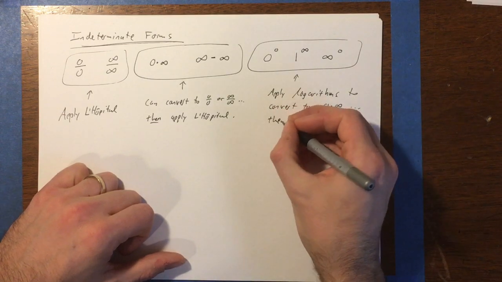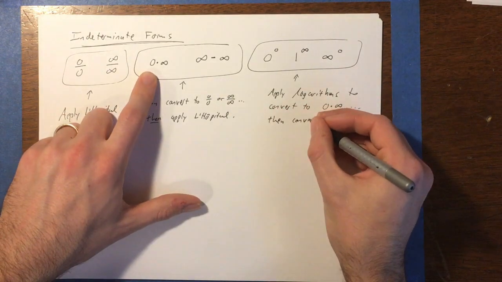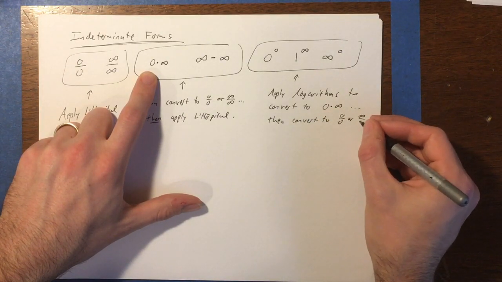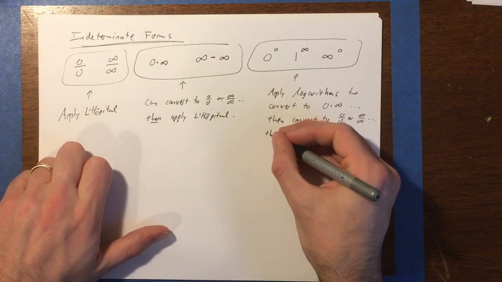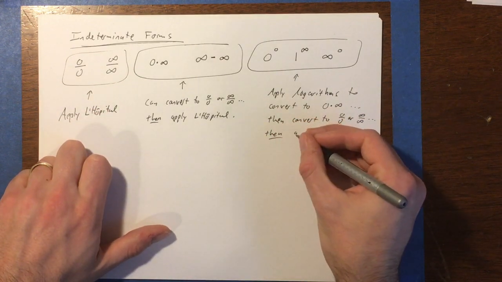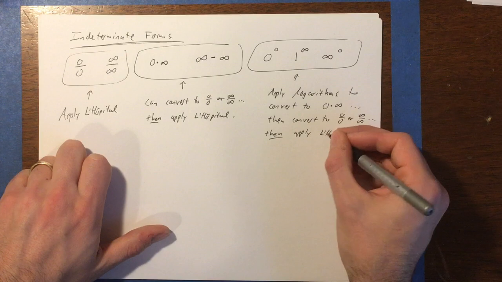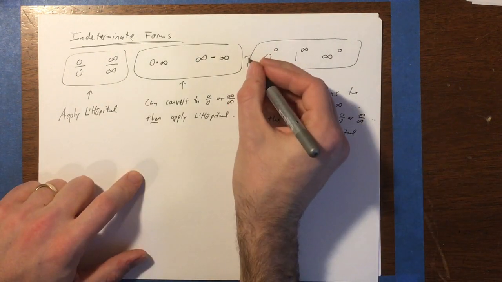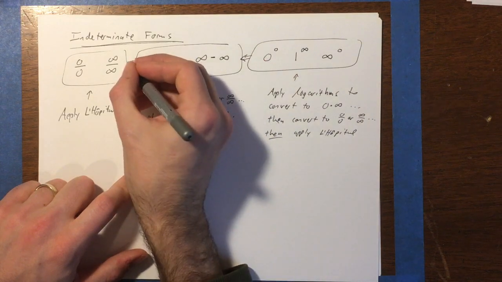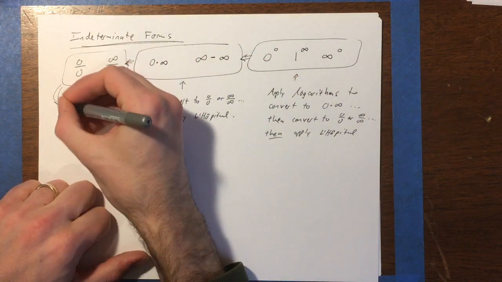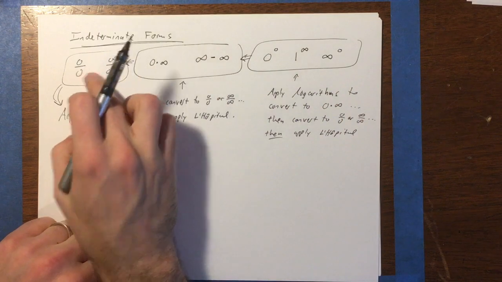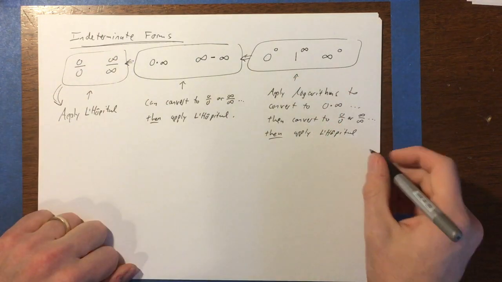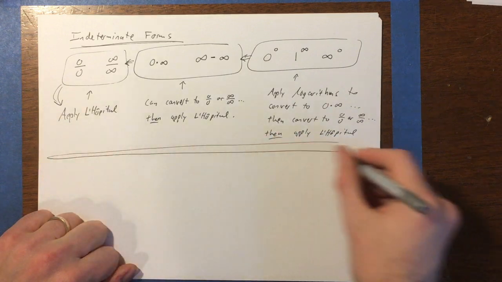Then convert your 0 times infinity to 0 over 0 or infinity over infinity, and then apply L'Hopital. So it really is like a flow chart. If it's in one of these formats, you can usually convert it to one of these, which you can then convert back to one of these, and then apply L'Hopital. But you always have to convert back to one of these forms before you do that. Those are all the types of indeterminate forms that we're going to be working with.